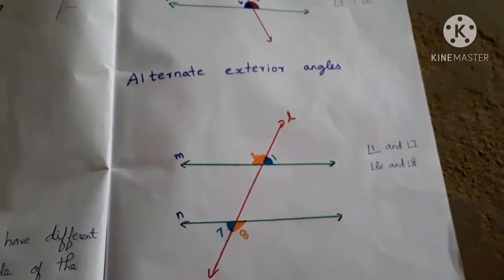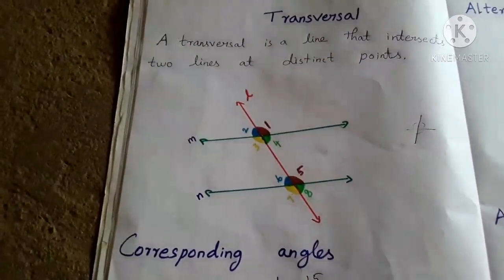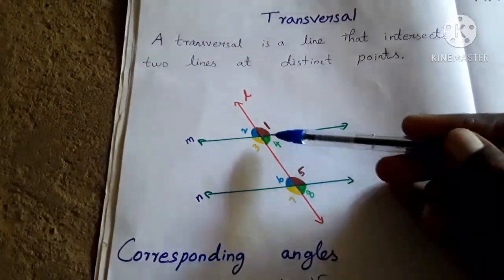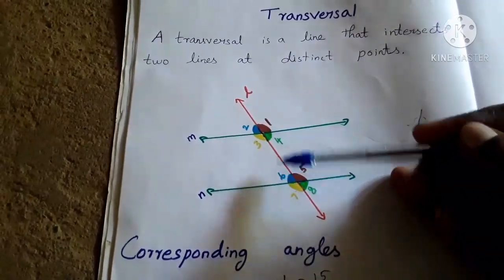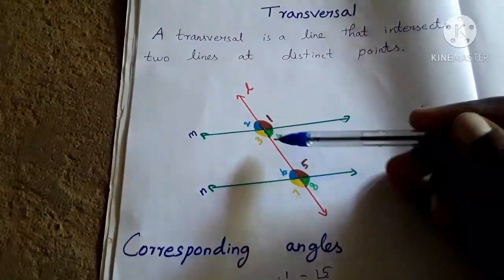Next, we are going to see the same side of the transversal. What is same side of the transversal? See, angle 3 and angle 6. This is the transversal, and these are on the same side.